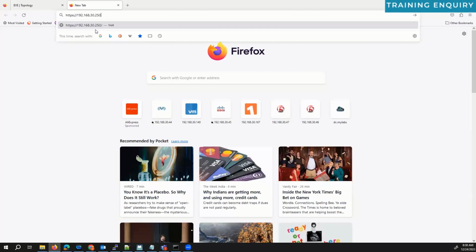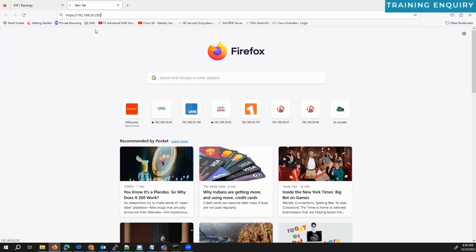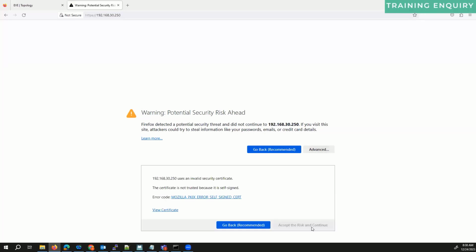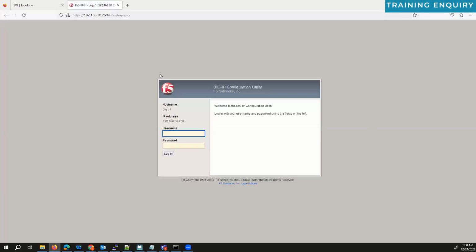But that doesn't happen in the case of BIG-IP F5 devices. There is no default redirection when you try to access the graphical user interface of the BIG-IP. All you have to do is put HTTPS as a prefix manually. If you don't do that, you would not be able to access the BIG-IP.